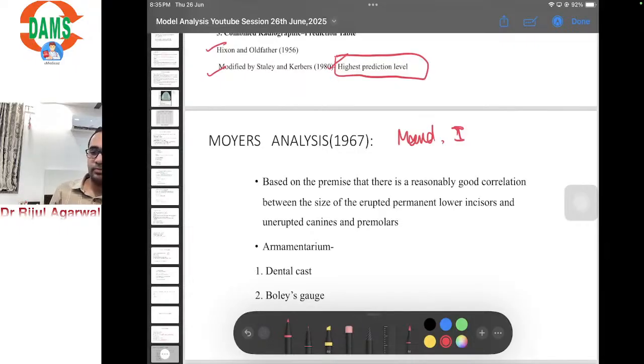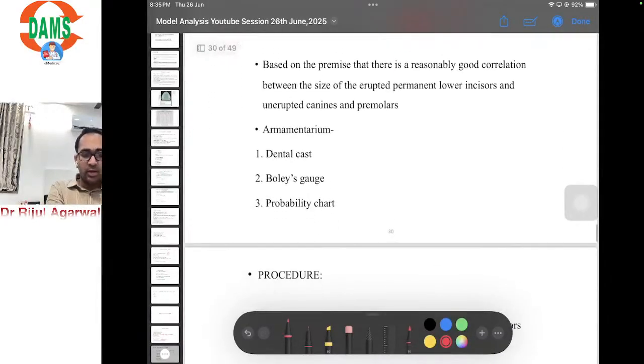So what is the basic premise behind Moyers analysis? He said that there is a correlation between the size of the erupted mandibular incisors and the unerupted canines and premolars. I'll tell you what the correlation is. The armamentarium required is dental cast, Bowley's gauge and probability chart.